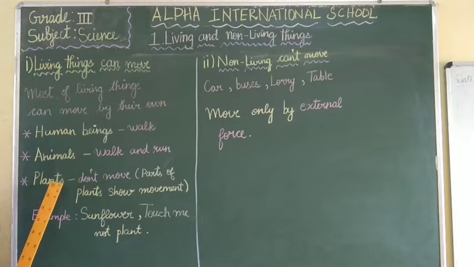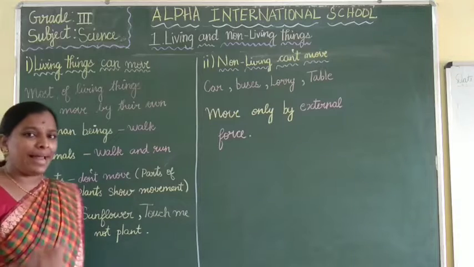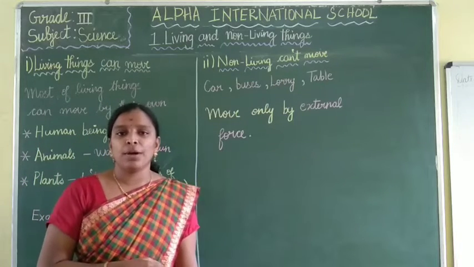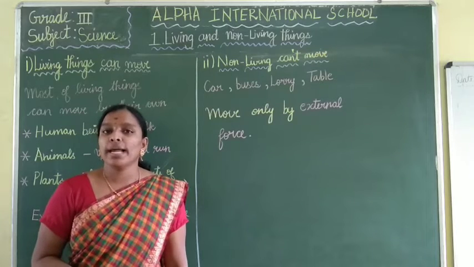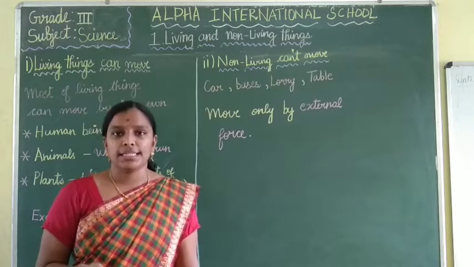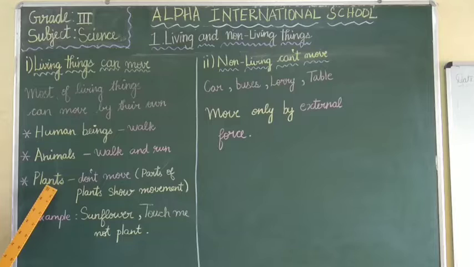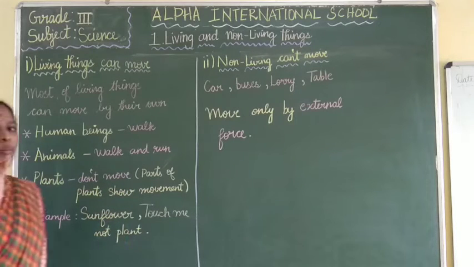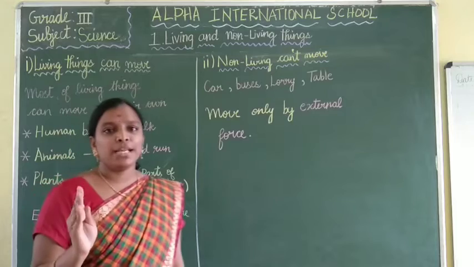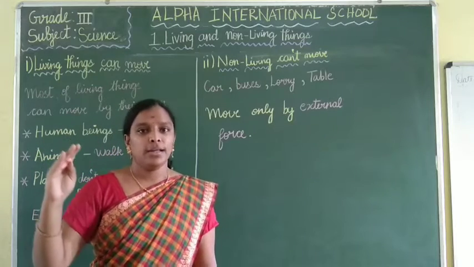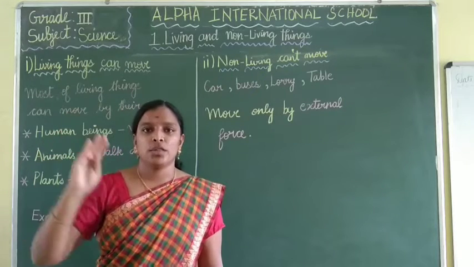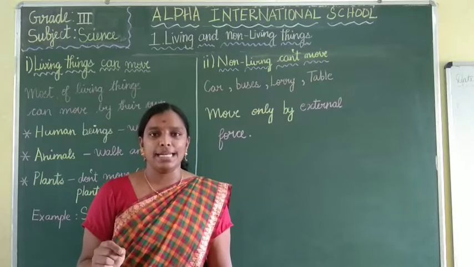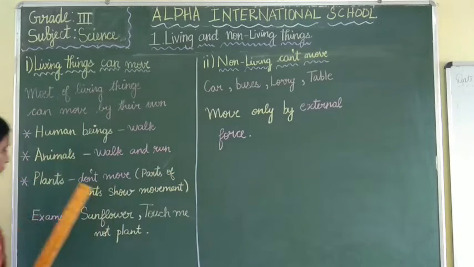Then plants. Now you may ask how plants will move from one place to another. If they are not moving from one place to another, then how can we say that it is a living thing?